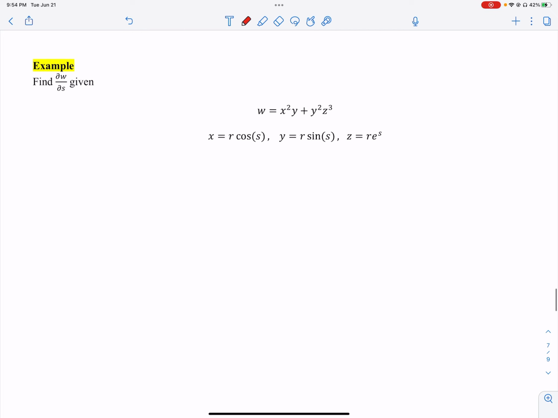Okay, I have one more for this video. We want to find the partial of w with respect to s, given all that. Now, we could write down this definition. I want you to try to write it without the diagram. If you need the diagram, go ahead and pause.